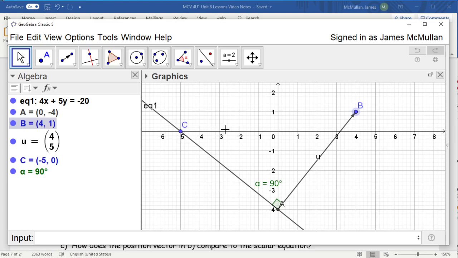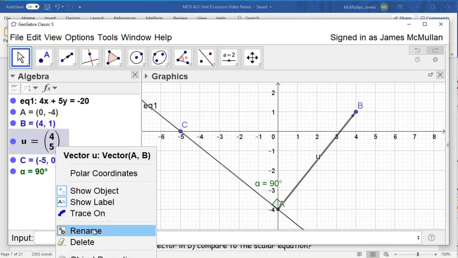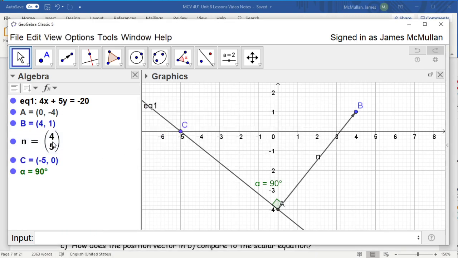To make it 90, notice what's changed. Instead of going over 5 to the right and down 4, it goes over 4 to the right and up 5. So again, it took the direction vector of the original and swapped it. This vector that I just created is 4, 5. Now, does 4, 5 have anything to do with the equation?